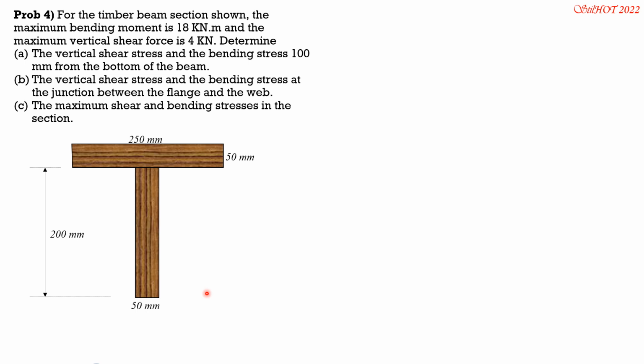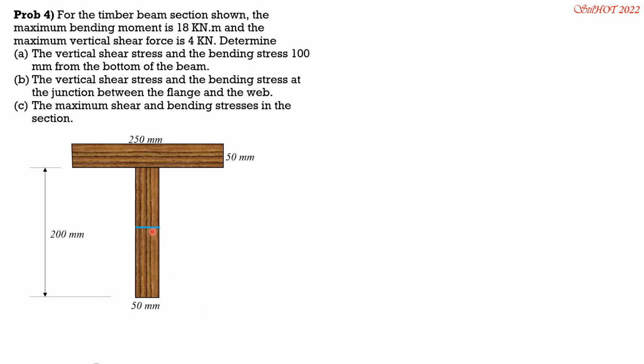Because the formulas involve moment of inertia and the section is not symmetrical with respect to the horizontal axis, in locating the neutral axis we have to compute the areas first.